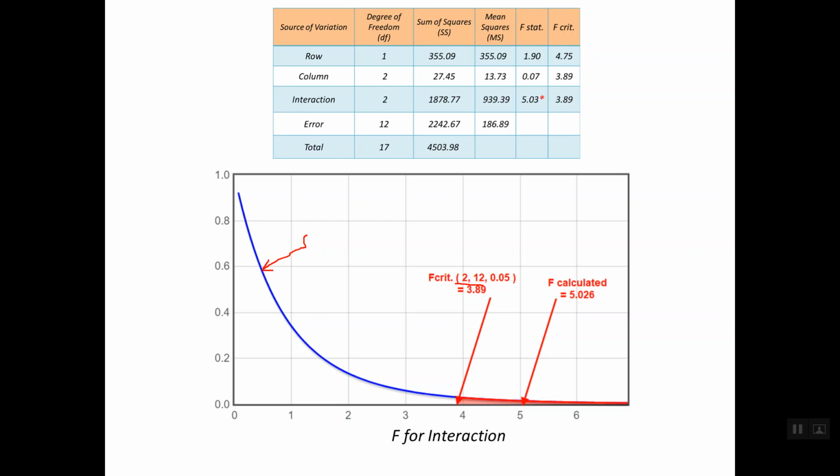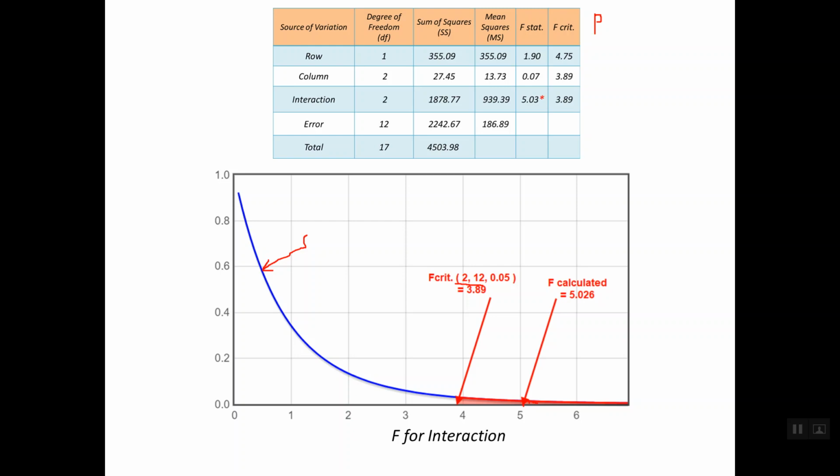So we reject the null hypothesis and accept the alternative one. And if you try to find the value of the probability, which is simply the area to the right of the calculated value, it's clear that it is less than 0.05.